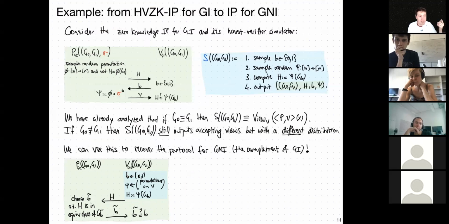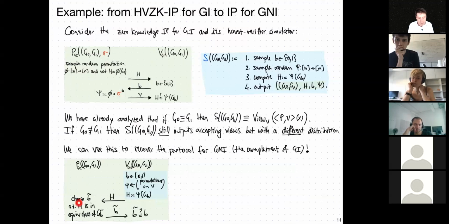Because he was trying to convince me that the two graphs are not isomorphic. But if you see this thing here, this is like code directly from the simulator. And the bit B can be interpreted as the prover trying to convince me, hey, I know we are in the GNI case, the two distributions are far. Let me prove that to you. I know B tilde all the time.